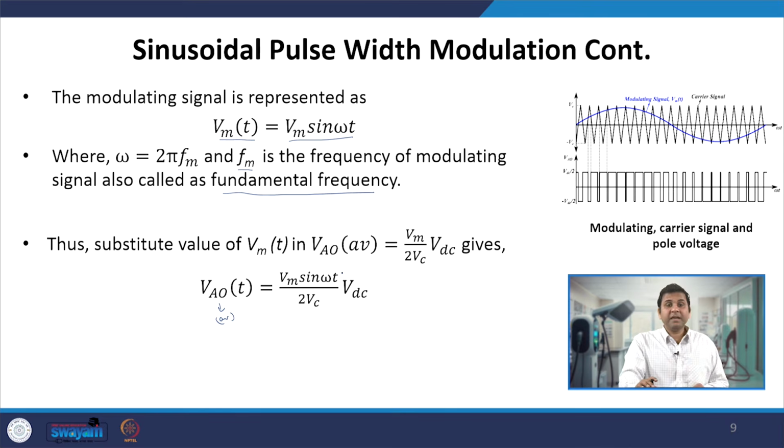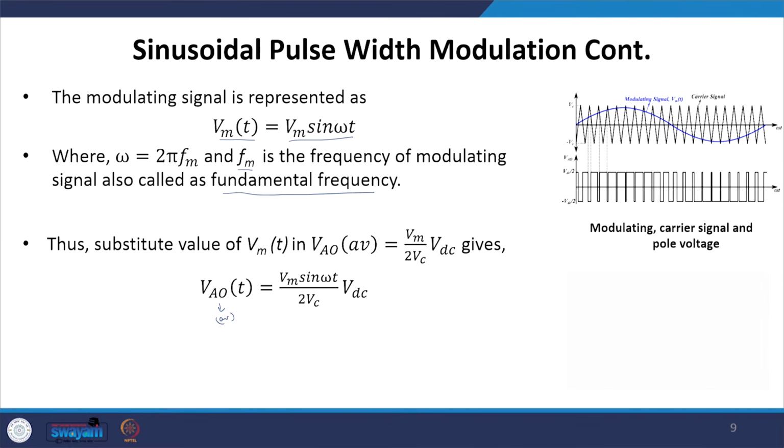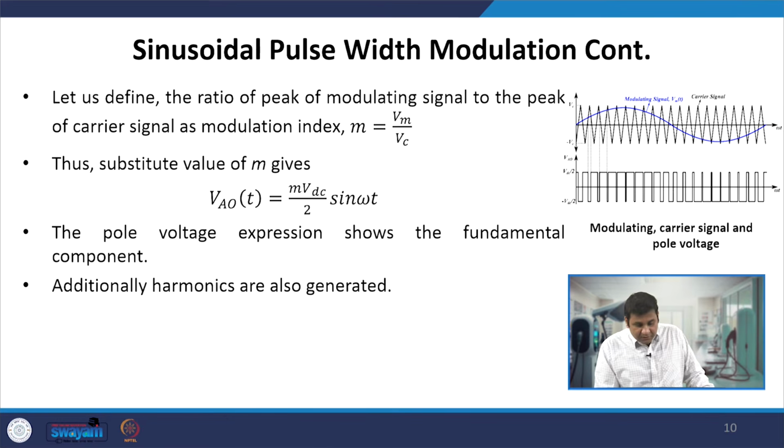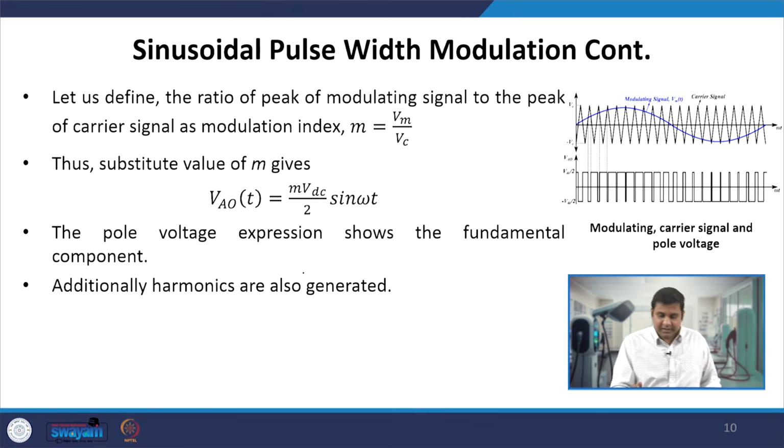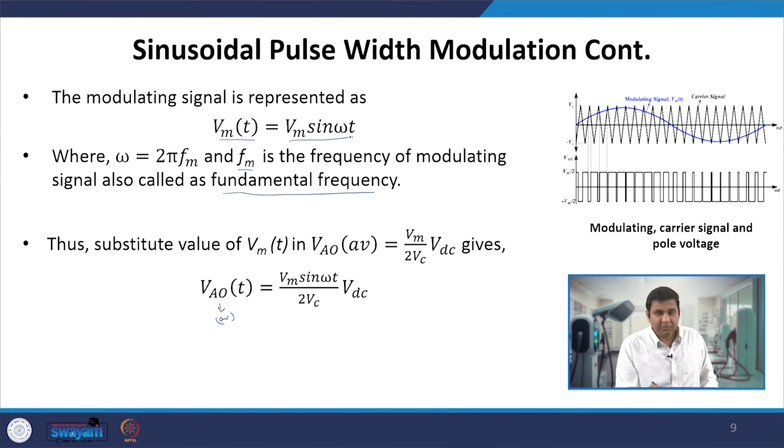So if we vary our modulating signal sinusoidally, the average pole voltage over the carrier cycle also varies with the same frequency as the modulating signal. Looking at this expression, we define one term called the modulation index, m, which is the ratio of the peak of the modulating signal, Vm, to the peak of the carrier signal, Vc. The carrier goes between minus Vc and plus Vc, and the modulating signal goes up to Vm sin omega t.